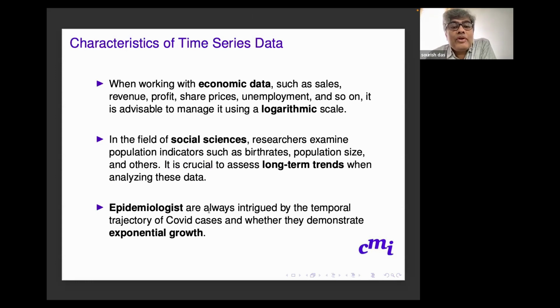Okay. So finally, epidemiologists are always intrigued by the temporal trajectory of COVID cases or any pandemic cases, whether they demonstrate exponential growth. And here, for epidemiologists in population science, your growth is always on a positive horizon, right? In the rarest of rare cases, it will go into the negative horizon.